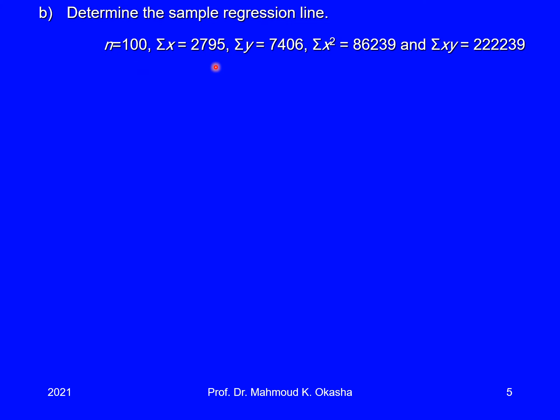By Excel, we can calculate that the sum of all x values equals 2,795, the sum of y values is 7,406, the sum of squares of x values equals 86,239, and the sum of x multiplied by y is 222,239.